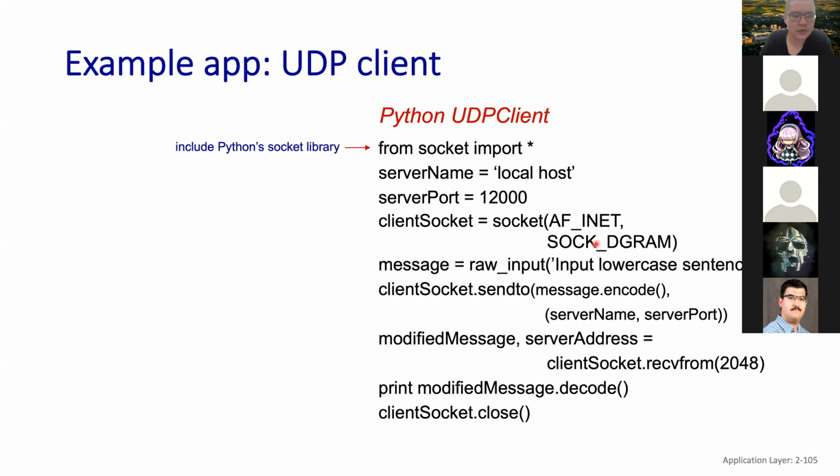Let's see the note here. First they include the Python socket library, and then you create a UDP socket for the server. Okay, so this is for the server. I mean, in the client side, you need to let the client socket know... I think it's not create a UDP socket for the server. It's for the client, right? Here is a typo.